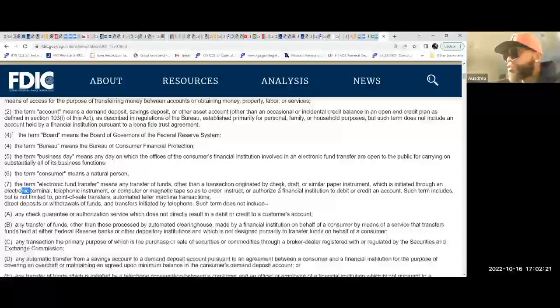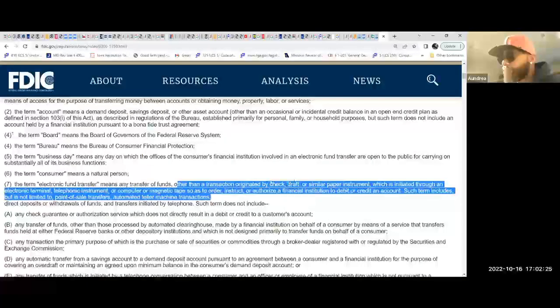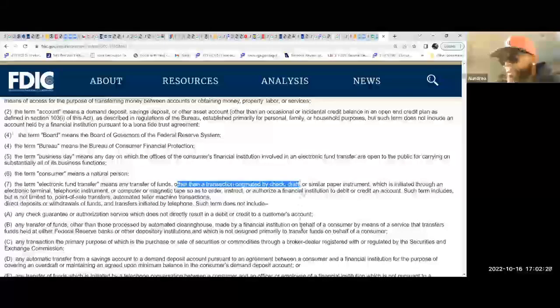The term electronic funds transfer means any transfer of funds other than a transaction originated by check or draft. So when they tell you insufficient funds, you got to bust them upside the head. Wait a minute.